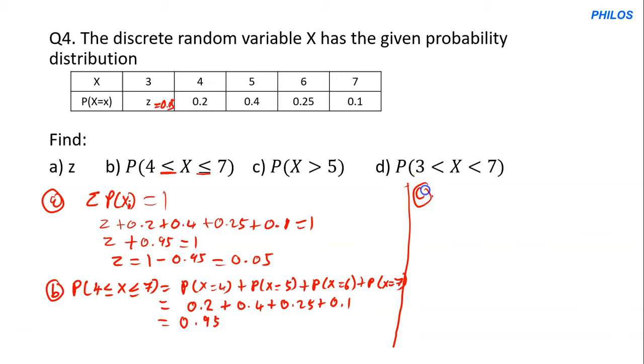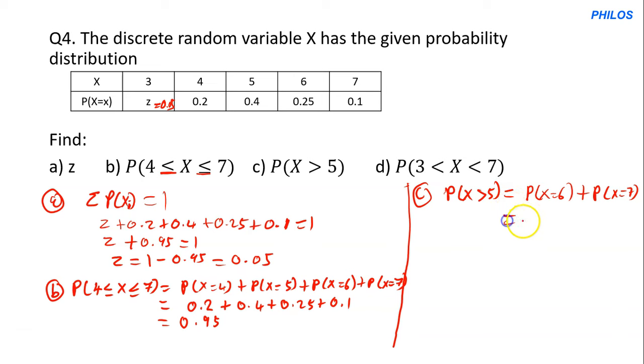Now let's proceed to question C. Question C says, we should find the probability that x will be greater than 5. So to get the probability that x will be greater than 5, it should be the probability that x is exactly 6 or x is exactly 7, because these are the values greater than 5. 6 and 7 are greater than 5.